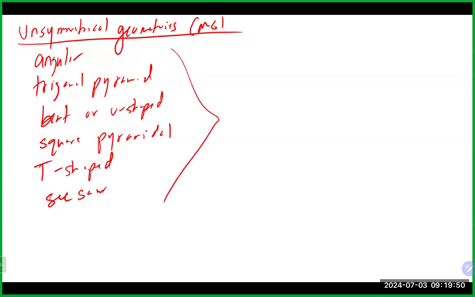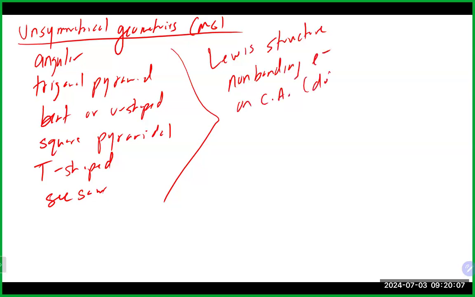So what all these guys have in common is that when you draw your Lewis structure, they will have non-bonding electrons on the central atom, basically dots.